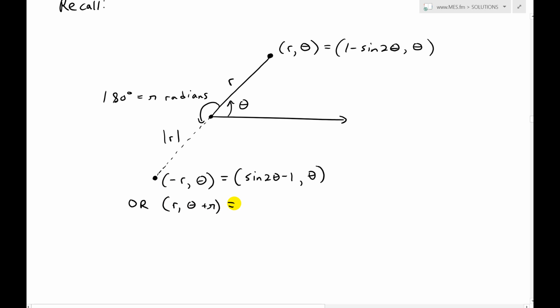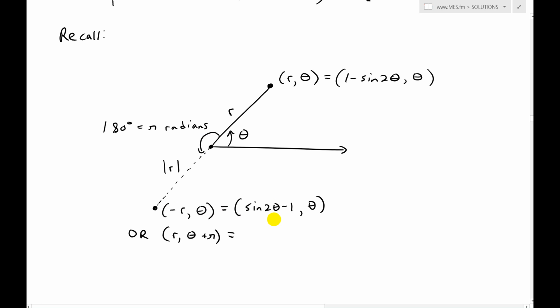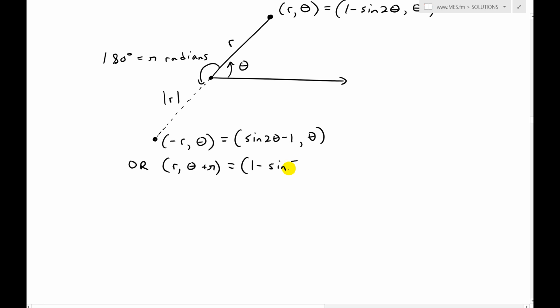So in other words, this r is a function of theta, but now we're replacing theta with theta plus pi. So instead of sine 2 theta minus 1, that's negative r, we're going to have the same r. So we have 1 minus sine, and then 2 times the bracket theta plus pi.